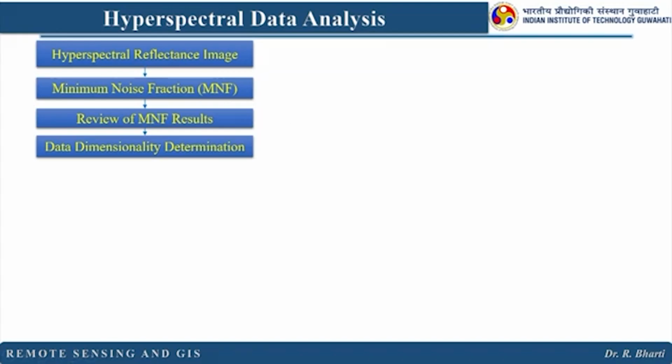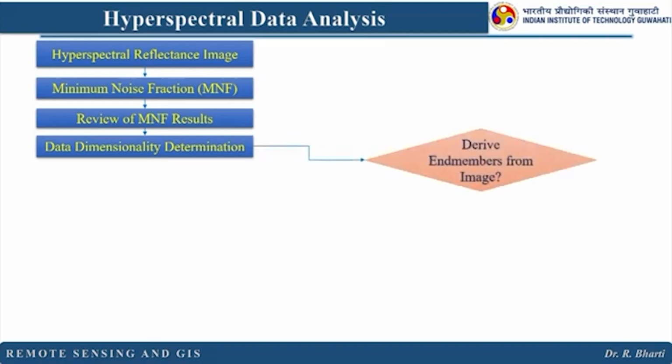After this processing we consider we have unique values of reflectance for different materials in those images. Now here we need to derive the end member. I hope you remember the end member. End members are unique and pure spectra of any given material or object. I will discuss this again.